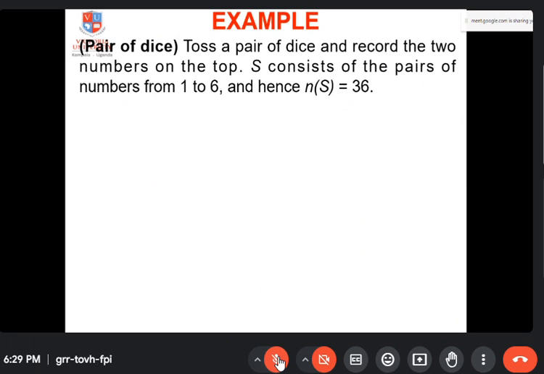How many sample points can you have when you toss a die 2 times? No, when you toss 2 dice. You first toss, you record what you have, and then you toss again, you record what you have. So how many different combinations can you have there?